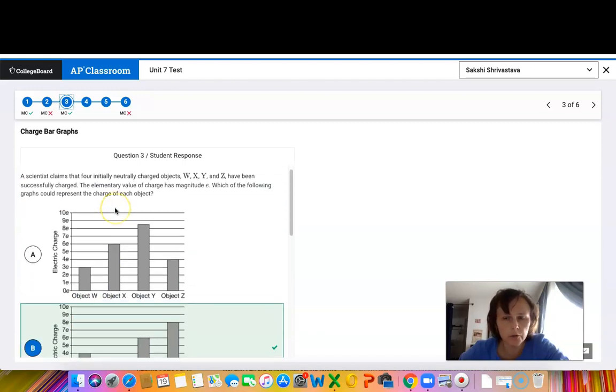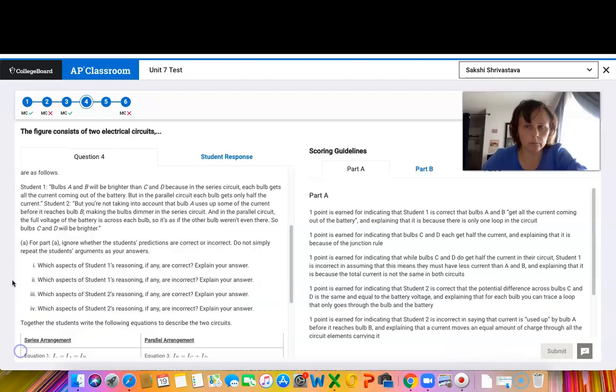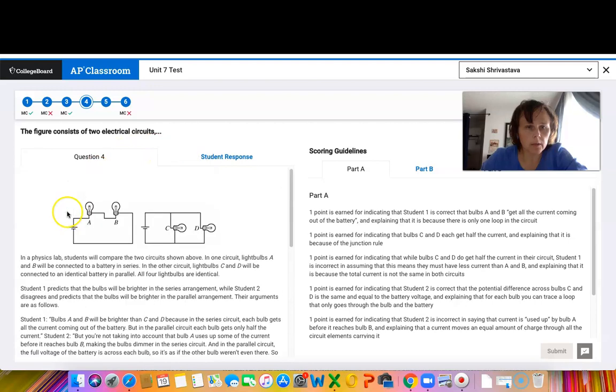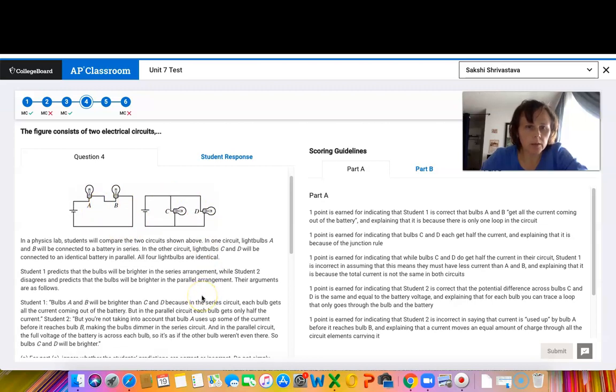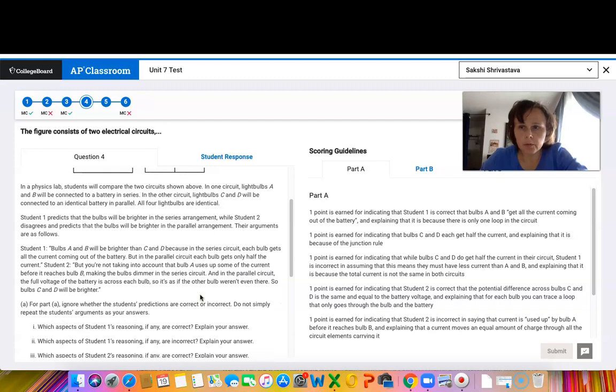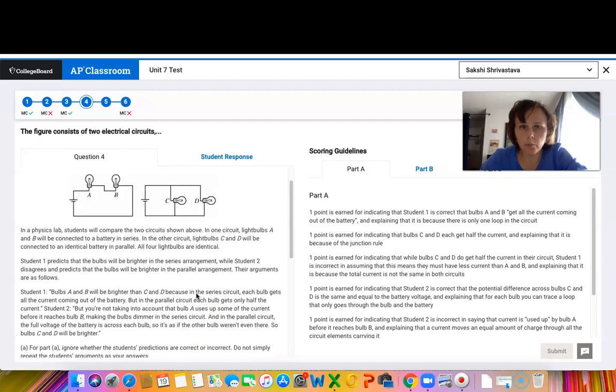For the long free response, what you have is 2 circuits with 2 identical bulbs. One is in series, one is in parallel, and the 2 students are stating their reasonings about which circuit will have brighter light bulbs.